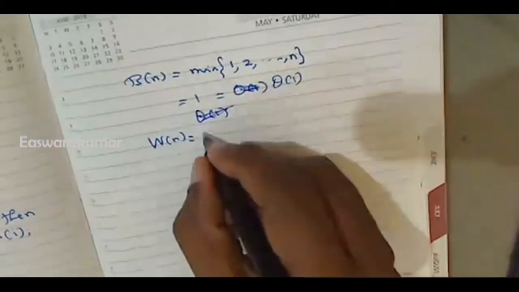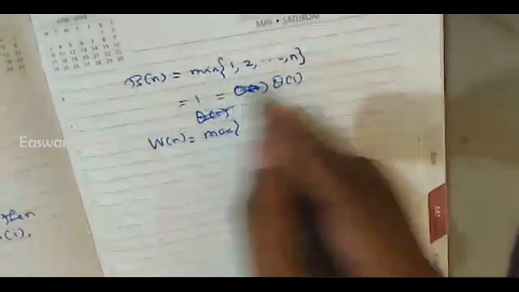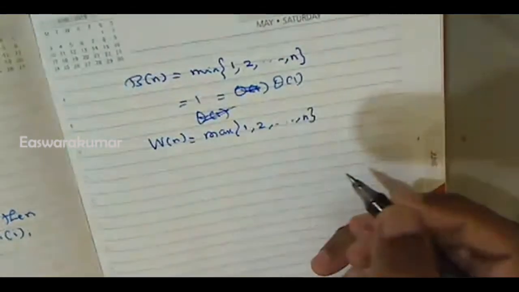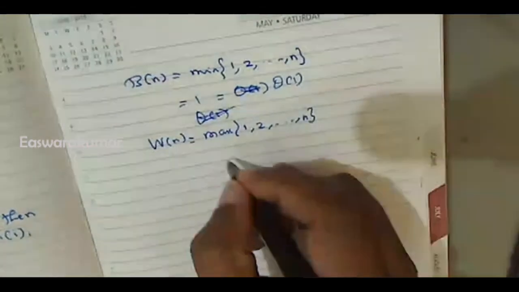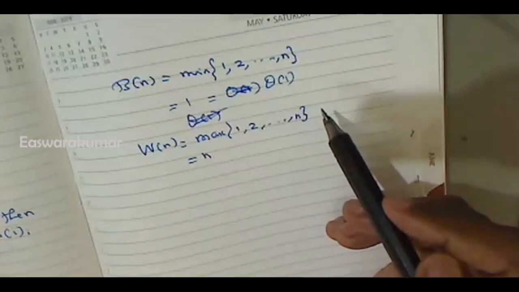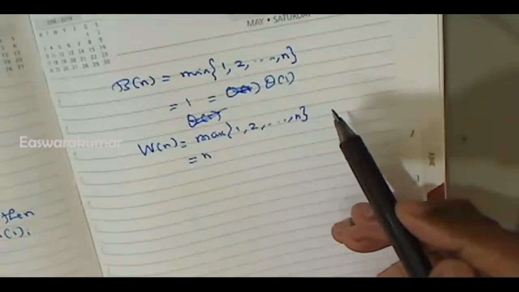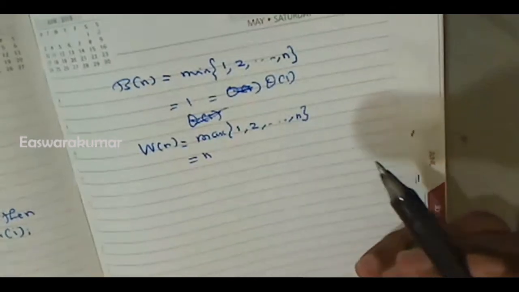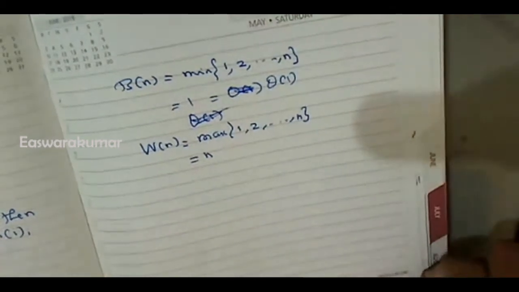And similarly, worst case, W of n, is the maximum of, once again, these values, 1, 2, etc. n. So what is the maximum value? n. That means we get the worst value if the element is present in the last position of the array, or the element is not present.